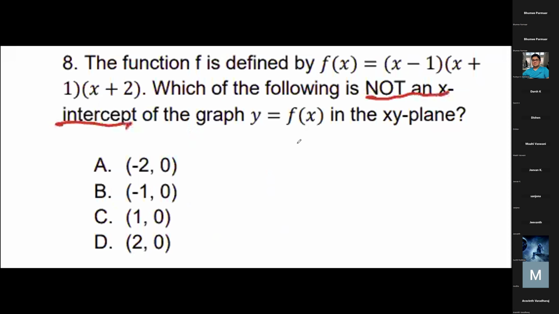So an x-intercept for one of these types of equations is where f of x is equal to 0. And so we just need to find out where each of these equals 0.